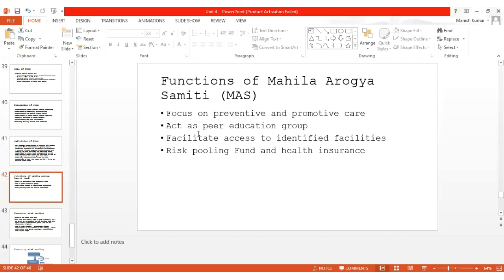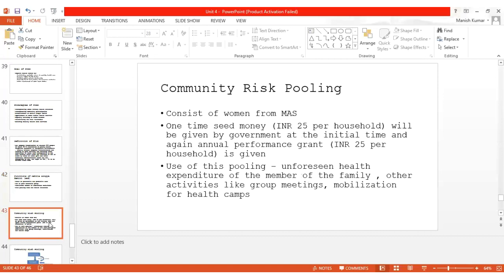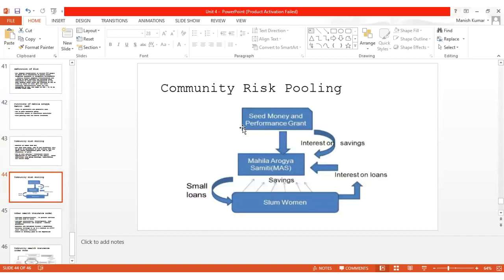So facilitating access to identified facilities, and then a risk pooling fund and health insurance. What I will request is that you go and read about community risk pooling and health insurance under NUHM. This is really good. There is a seed money and performance grant: 25 rupees per household is the seed money provided by the government, and then there is a performance grant, which is again 25 rupees per household, given by the government.